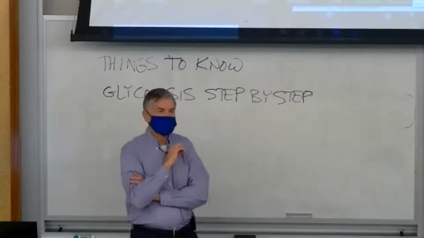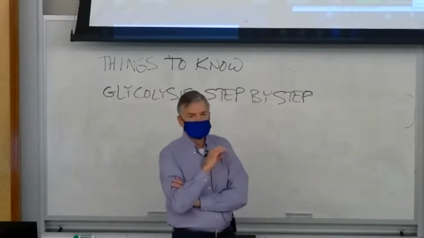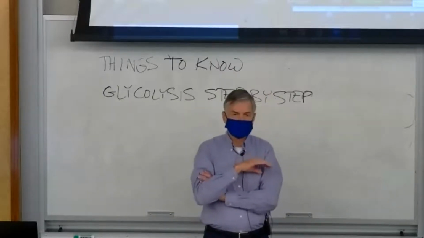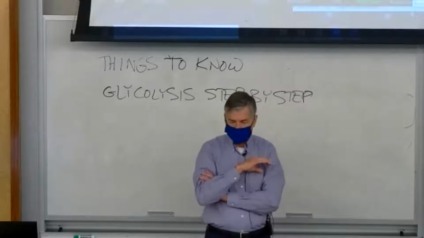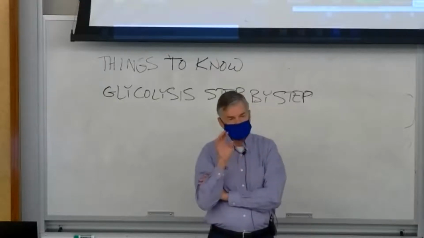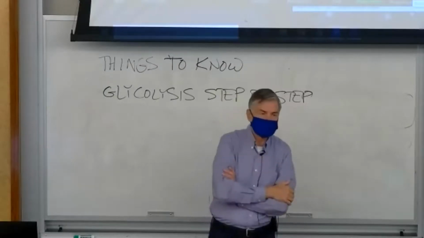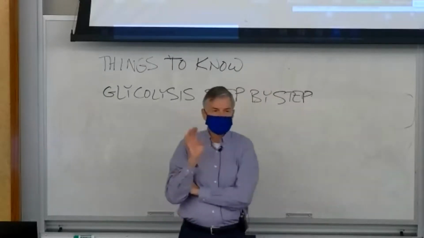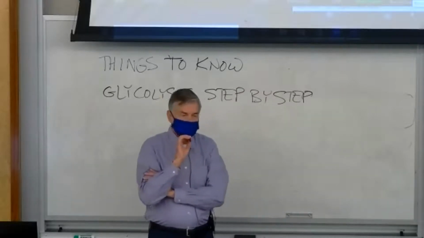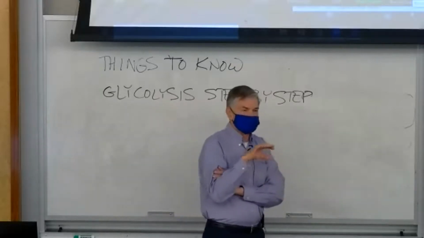By far and away the most common, the simplest way to identify these reactions is the involvement of NAD+, NADH. Those are the oxidized and reduced versions of nicotinamide adenine dinucleotide, or FAD, FADH2.